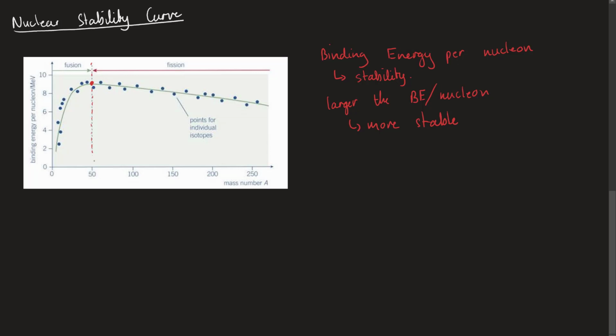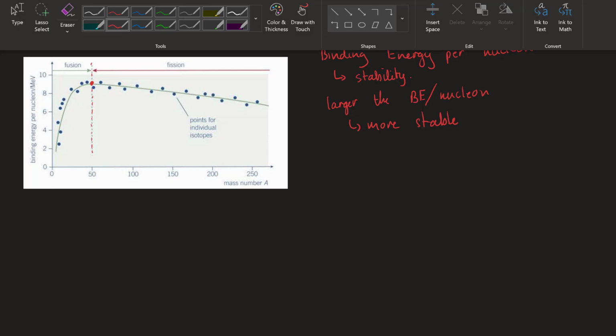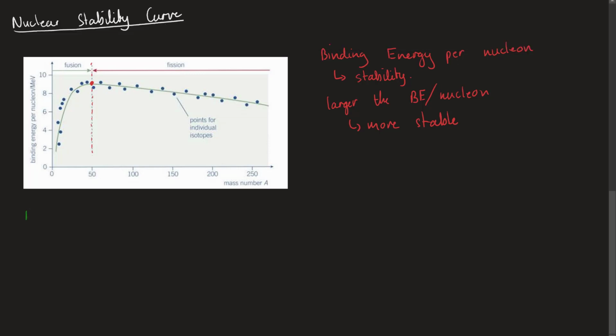Now this isn't going to be a specific element, because we could get isotopes of several different elements that will all have mass numbers of 50, but when we have things around there, it means that we end up with the most stable possible nucleus. Now, from there, we say, okay, if we look at everything before this, so we'll look at fusion. So I'll put the fusion in green. So fusion.